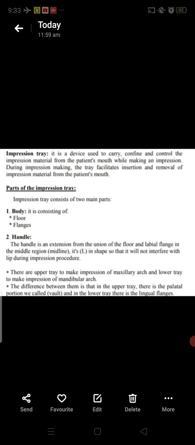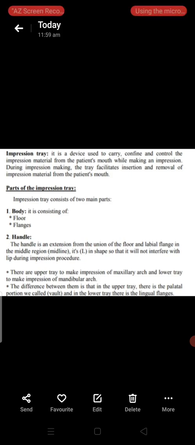There is an upper tray to make an impression of the maxillary arch and a lower tray to make an impression of the mandibular arch. We already discussed the anatomical landmarks, which are different in the mandible and maxilla, therefore the trays are also different. The upper tray has a palatal portion, which we call the vault, but the lower tray has no palatal portion.